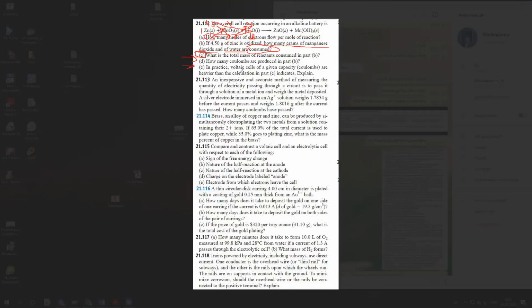Yes, you have to add the masses of zinc because here you can see the total mass of the reactants. You have 3 reactants: zinc, the manganese dioxide, and water.